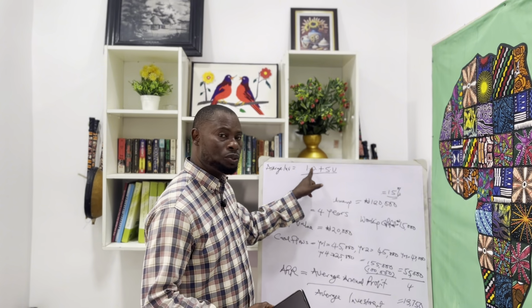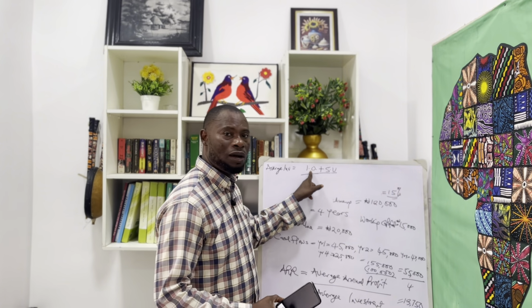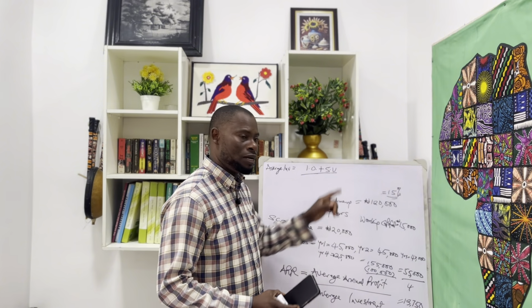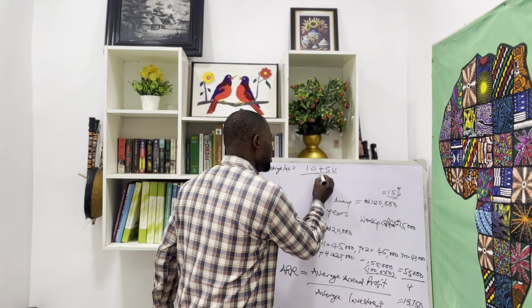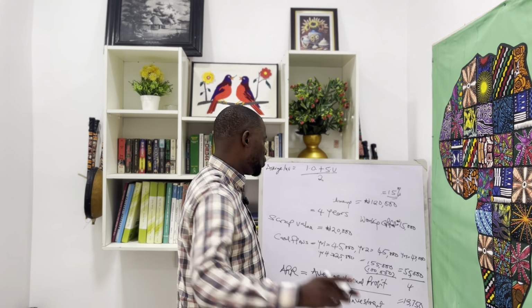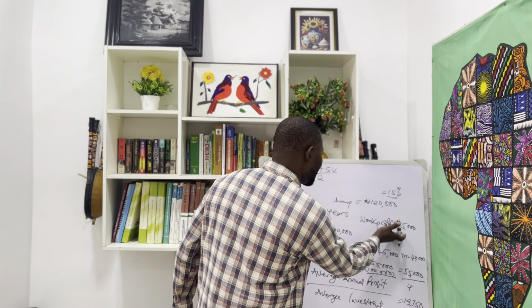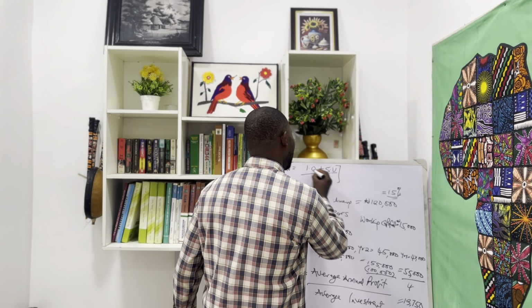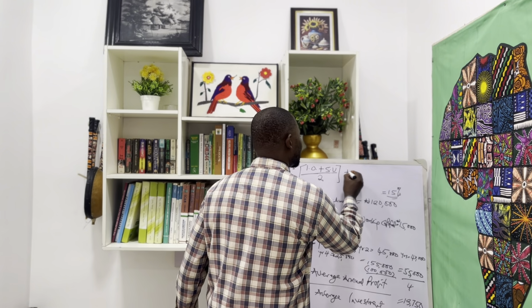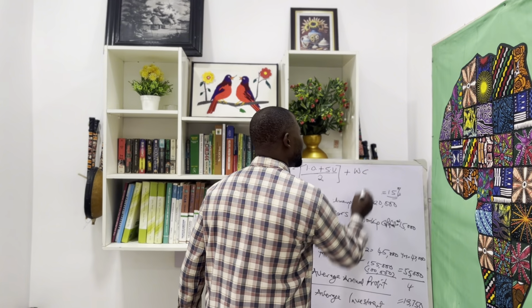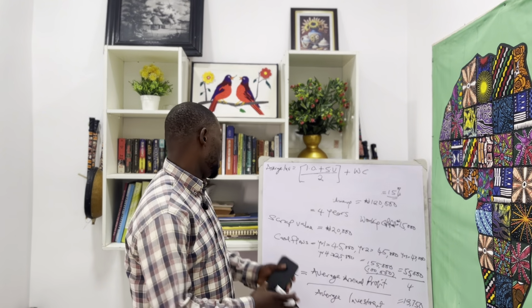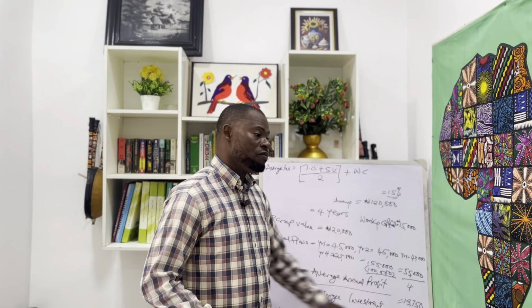Here we are looking at only 2 items, so we divide by 2. Now, after dividing by 2, don't forget that we have our working capital. So after getting this, we can now say plus the working capital. This will give us the average investment.